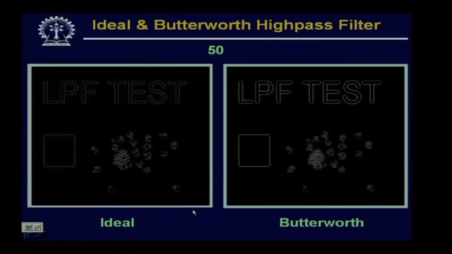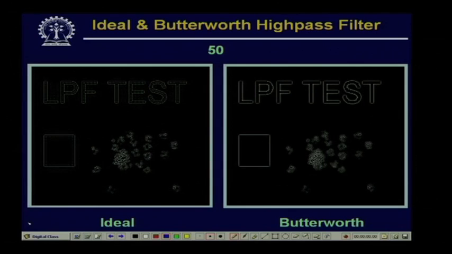This one, where the cutoff frequency was taken to be equal to 50, if you closely look at the ideal filter output, here again you find that there are ringing effects around the boundaries, whereas in case of Butterworth filter there is no ringing effect.